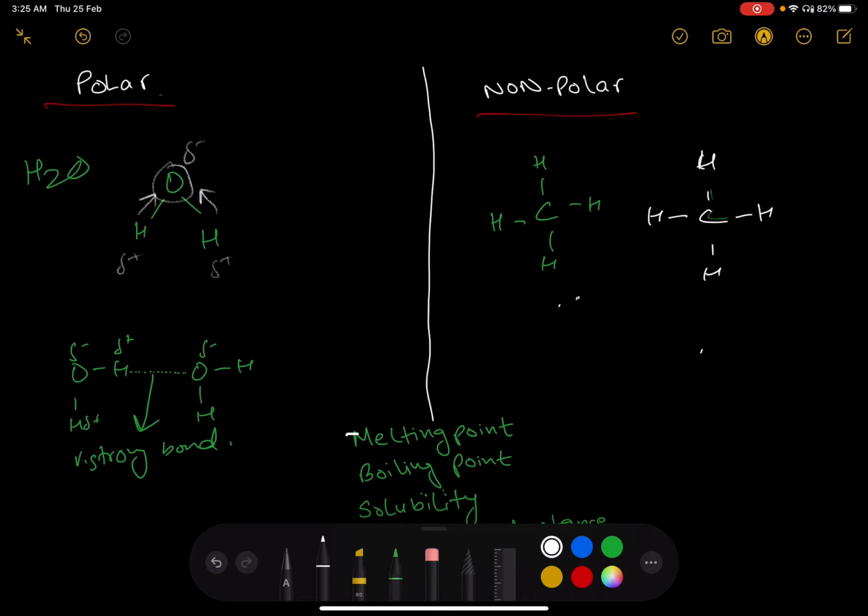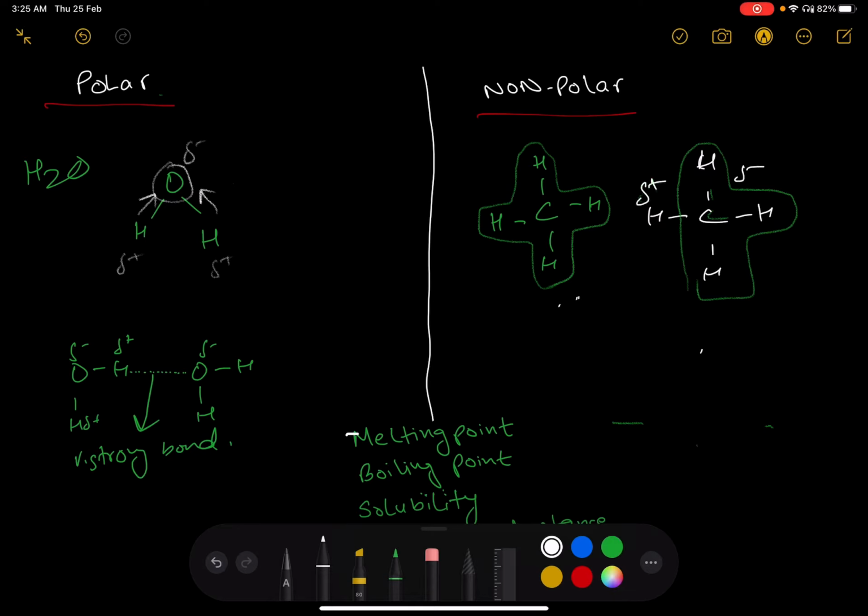There's a slight probability that the electron cloud, let's say this is the normal electron cloud of the methane molecule, could shift to like this.